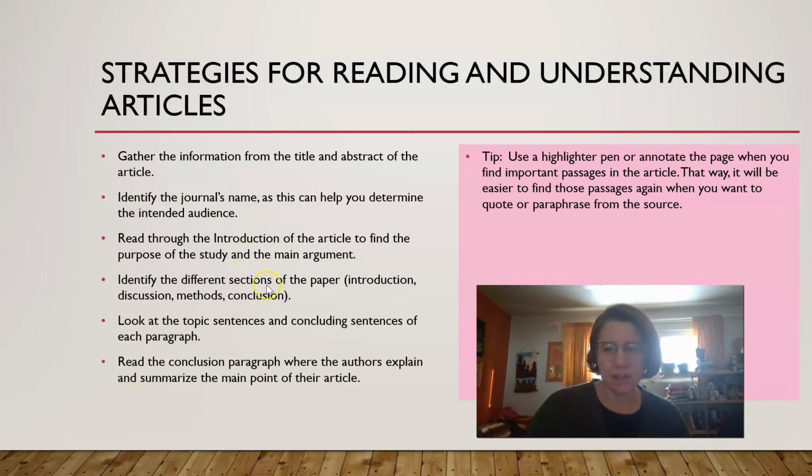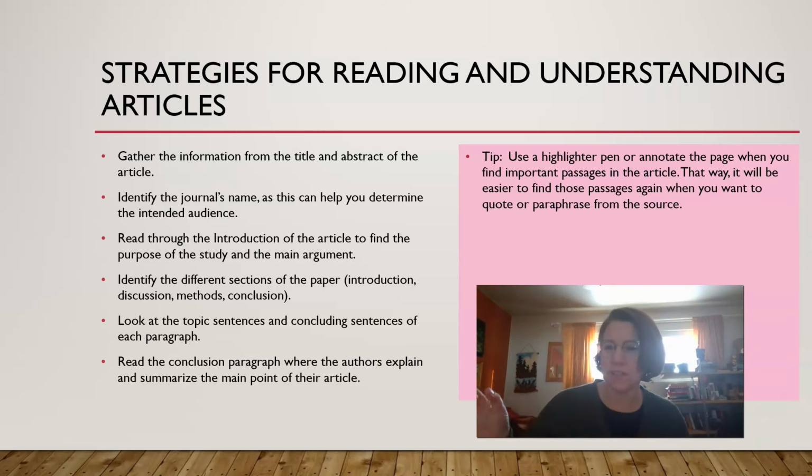Look at the title of the article itself, because that'll tell you what the rest of the paper is going to be about. Sometimes the journal article will also have what's called an abstract, and that's their summary of what the article is about, so very helpful. You could also identify the journal's name, so where this article was published, because sometimes that gives us a hint of who this article is intended for.